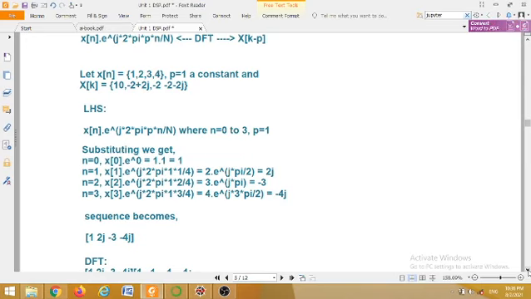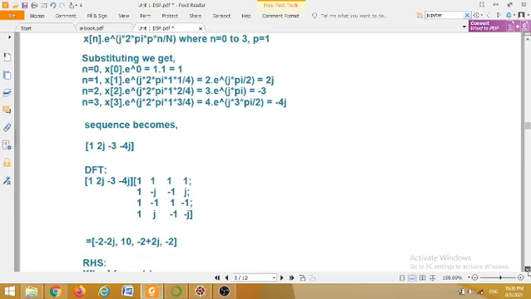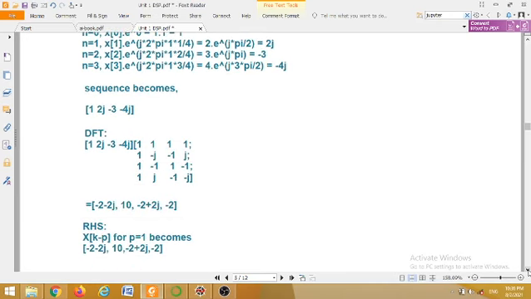Similarly for n equal to 3, x of 3 into e power j 2 pi into 1 into 3 by 4 gives e power j 3 pi by 2, which is minus j, into 4, so minus 4j. So the new sequence is 1, 2j, minus 3, minus 4j, and its DFT is minus 2, minus 2j, 10, minus 2 plus 2j, and minus 2.